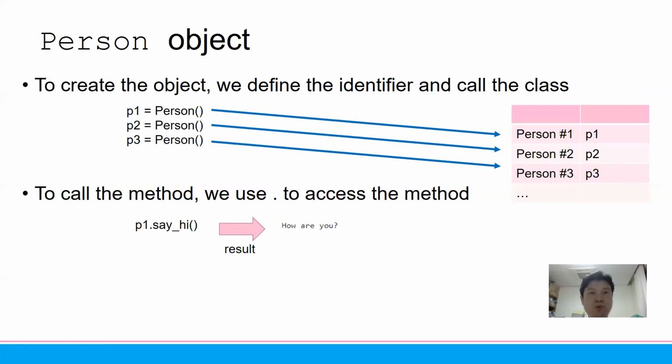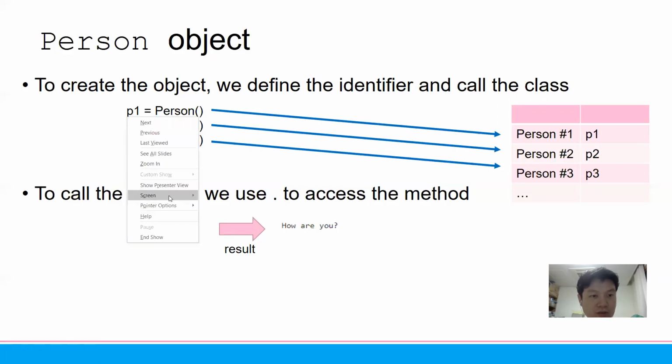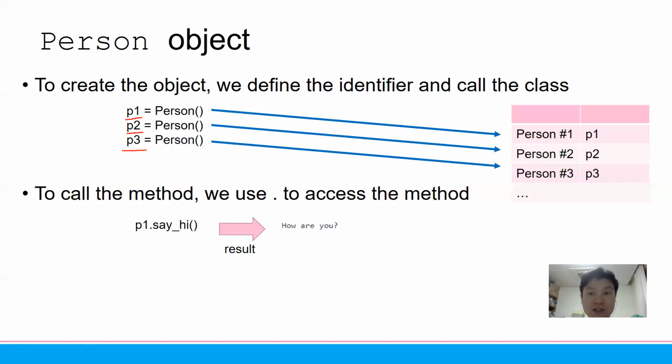If you have one class, then you want to create objects. What is object? So object means the person itself. I have the person one, I have the person two, and I have the person three, and each person is one instance. So I can say that the P1 is the first instance, P2 is the second instance, and the P3 is the third instance.